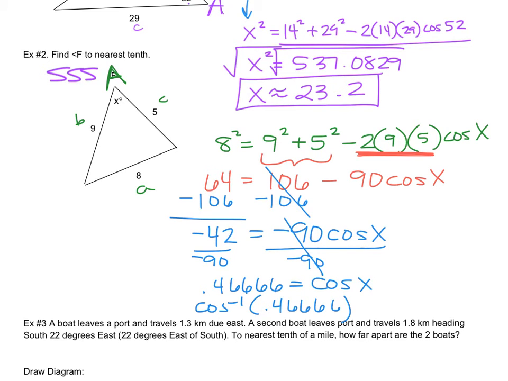Okay, so go second cosine, then hit second and the negative symbol to give you answer, ANS, hit enter, and you should be getting that x to the nearest tenth, they asked us for nearest tenth on this one, is 62.2 degrees.